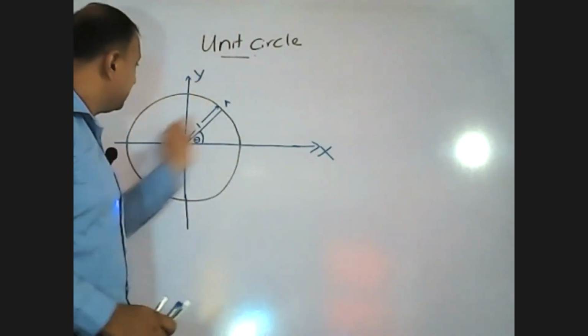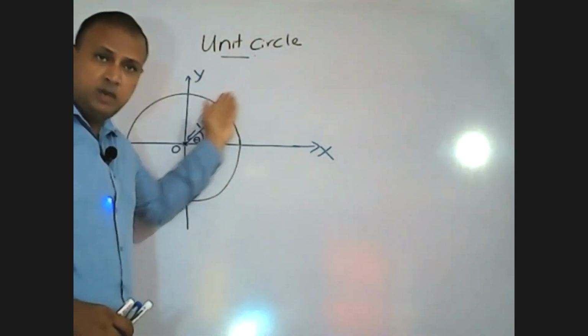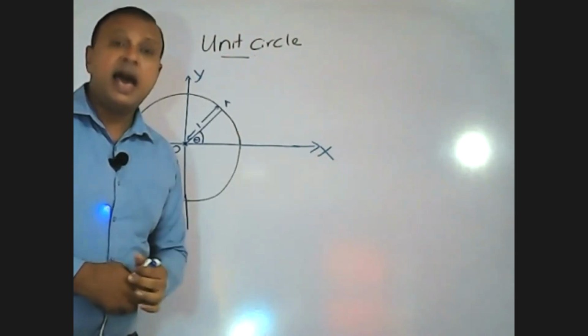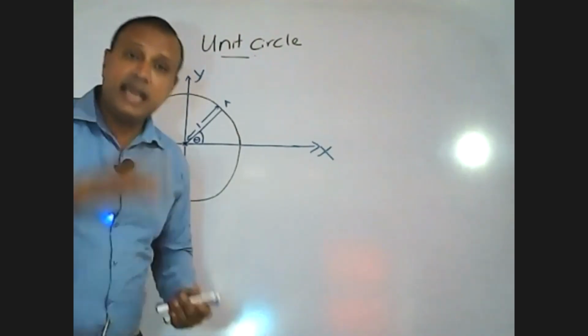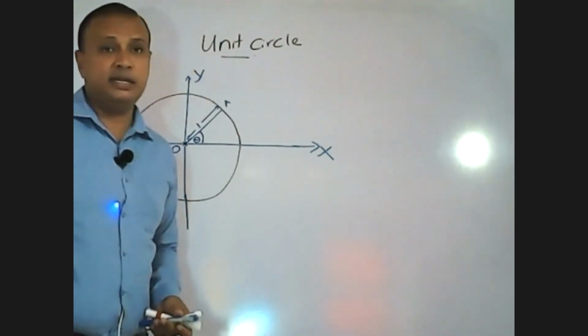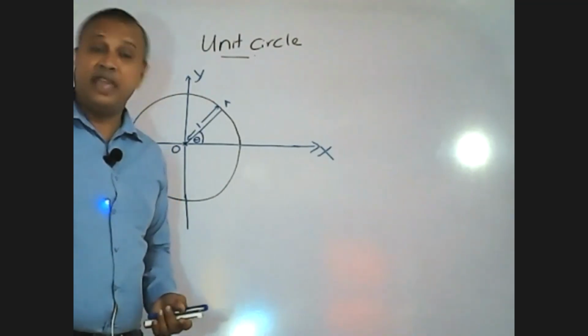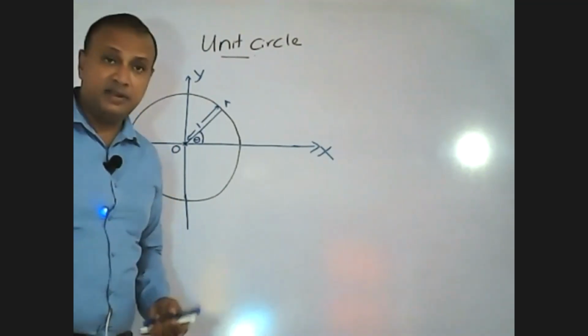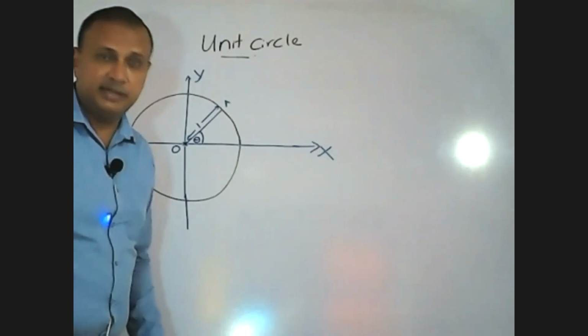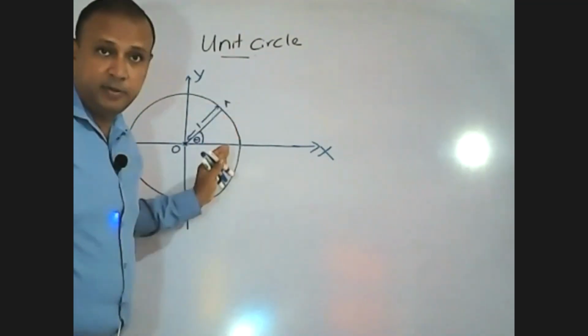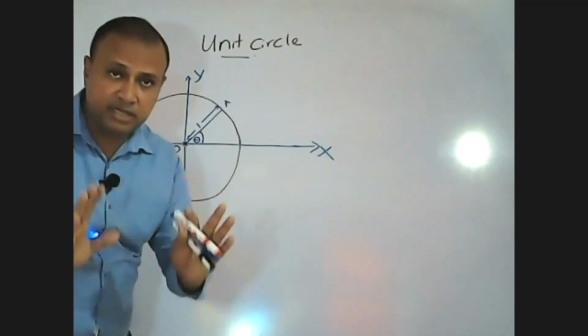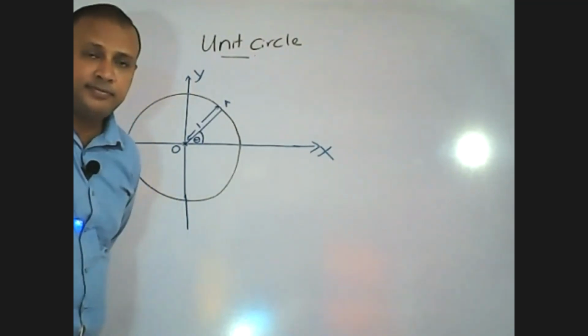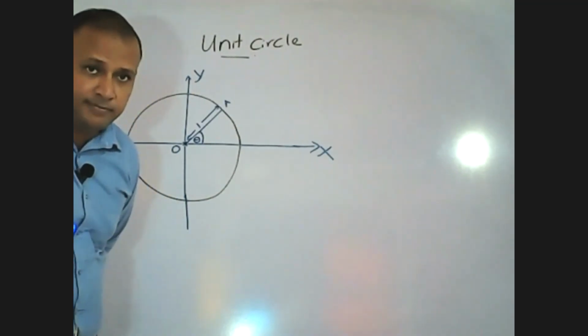So from this line segment, I can create any amount of angle, any value of angle, any angle. I can create any angle from this line segment. Do you understand about that?